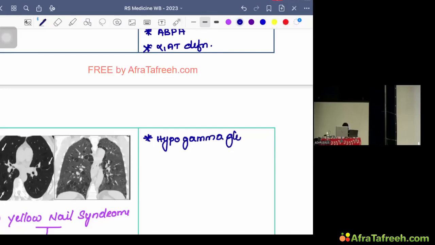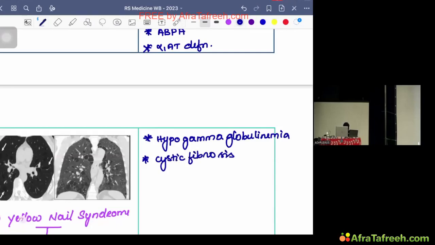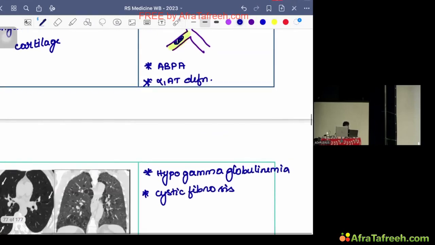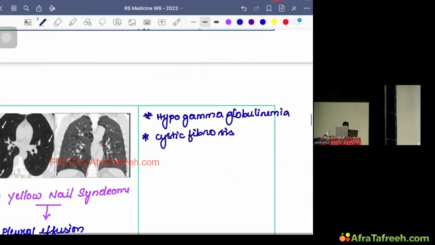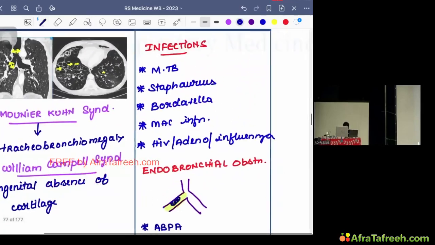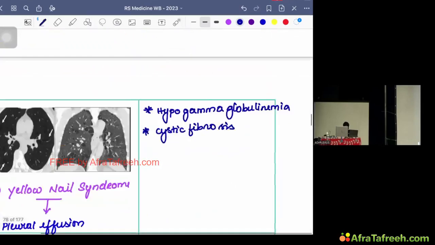Okay. Cystic fibrosis. So these are common causes for bronchiectasis. Okay, common causes for bronchiectasis.